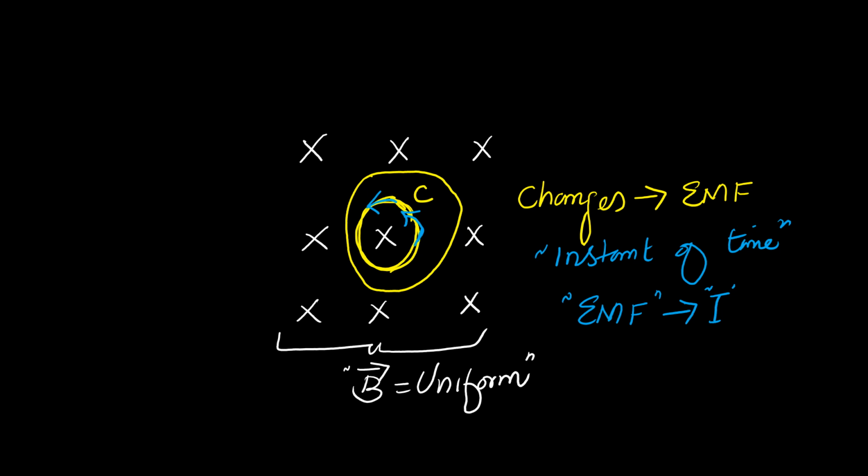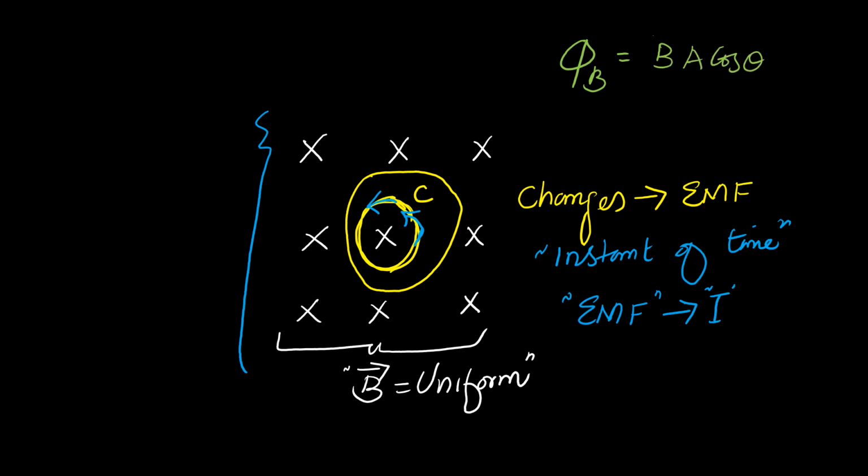Please keep in mind that continuous change in the shape of the wire inside the constant magnetic field is very important, because you know that magnetic flux phi B is equal to B A cos theta.